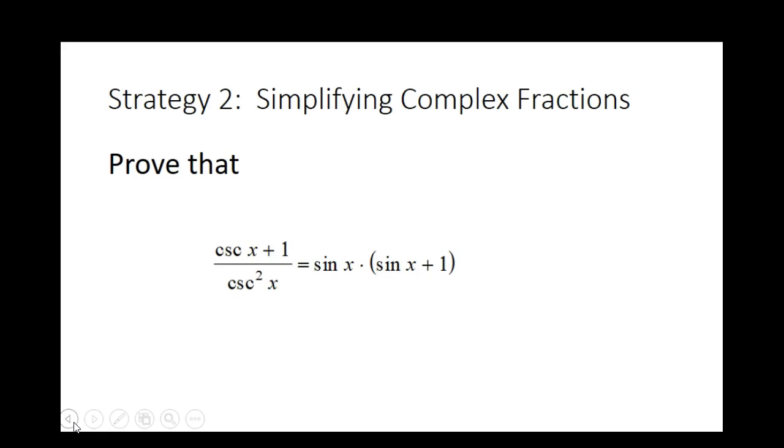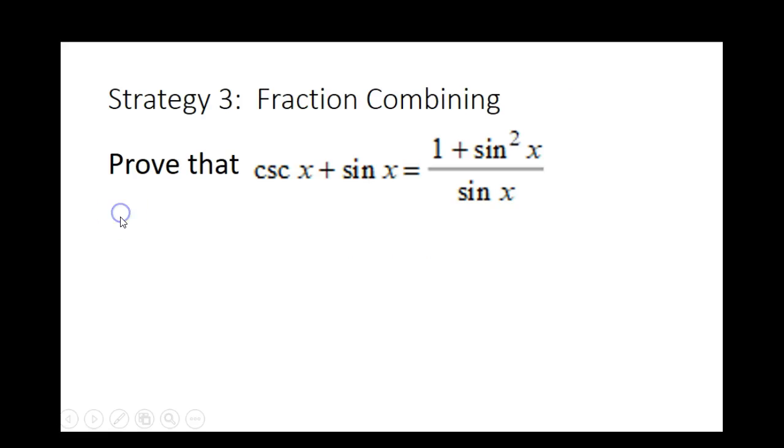You'll see that we're going to have fractions inside of fractions, and how we deal with that. All right, that's another one. And then strategy number three is combining fractions. So if you see two fractions being added together, we'll probably want to add them together. So those are the three types of algebraic strategies I'm going to share with you so that we can learn how to rewrite these expressions.